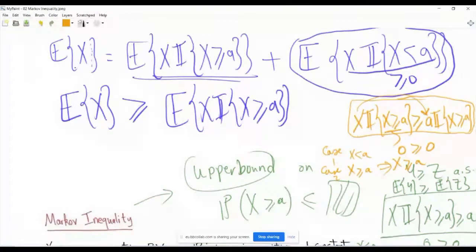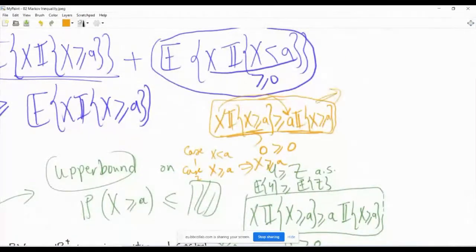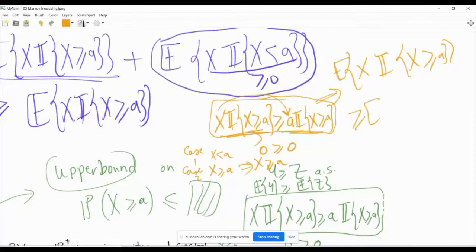So we have a property that if you have a statement that is true deterministically, or true with probability 1, or true almost surely, then you can take the expectation of both sides. So from here you can say that the expectation of x times the indicator of x greater than or equal to a is greater than or equal to the expectation of the other guy, which is a times the indicator of x greater than or equal to a.